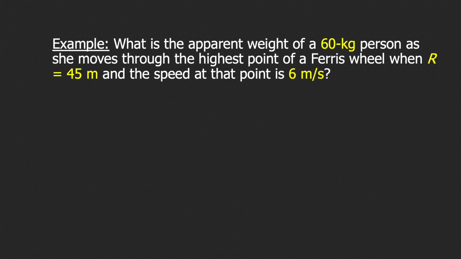Take note of this. For example, what is the apparent weight of a 60 kilogram person as she moves through the highest point of the Ferris wheel when r is equal to 45 meters and the speed at that point is 6 meters per second? Now the apparent weight is equal to the normal force at the top. Since we are calculating for the normal force, mg minus N is equal to mv squared divided by r.